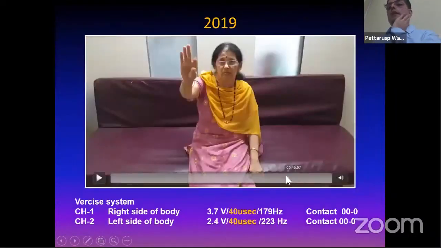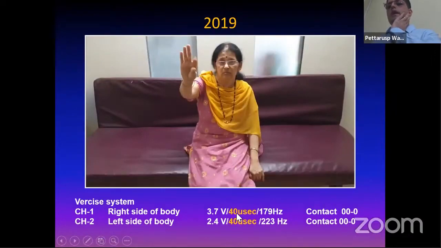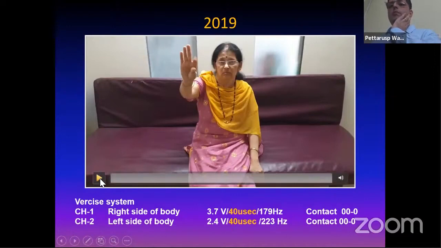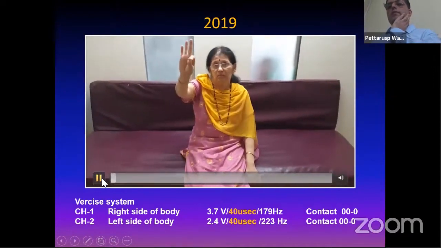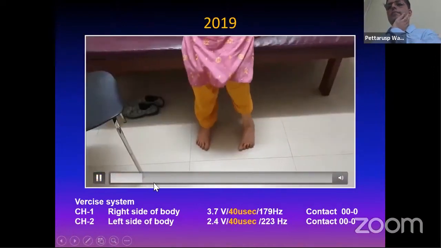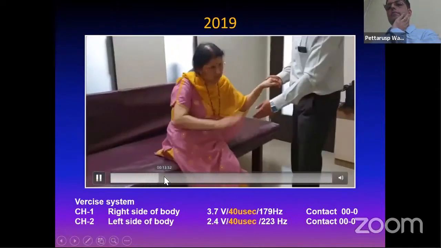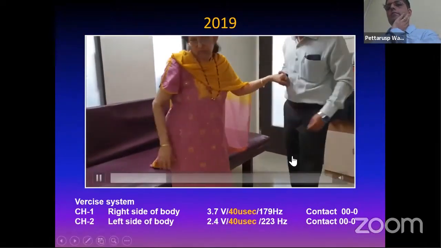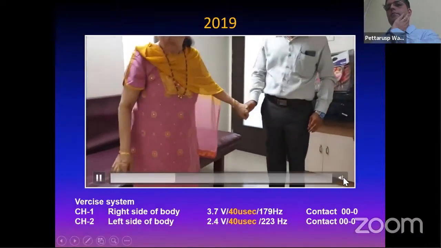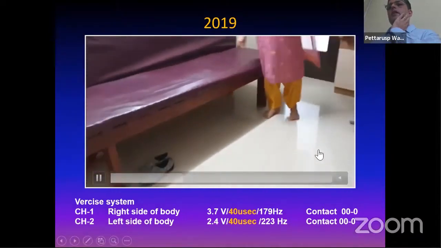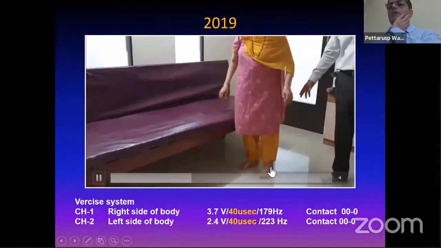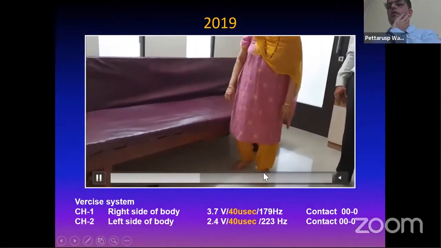So subsequently, we had a battery change, and she chose to have a 25-year Vercise system, and we had the opportunity of lowering the pulse width. And with the lower pulse width, we've not had foot dystonia.